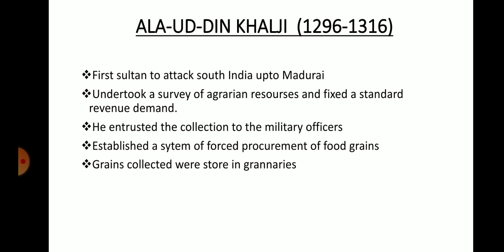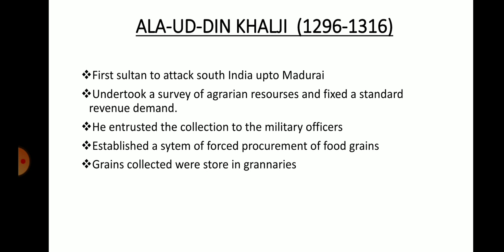He also undertook the agrarian resources, agricultural lands. He surveyed the agricultural land and he fixed a revenue demand. So he made a survey of the agricultural land and he imposed taxes on the farmers. Okay, he gave the charge to the military officers, so the military officers had to collect the taxes from the farmland.